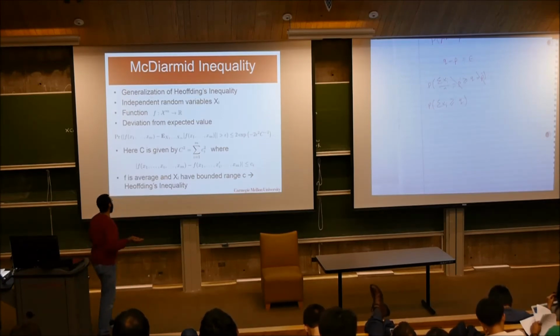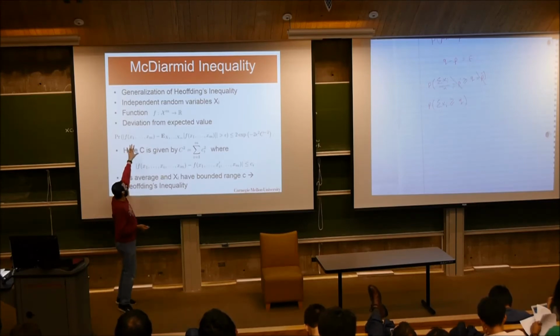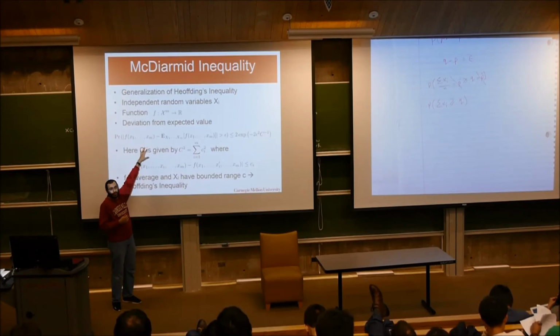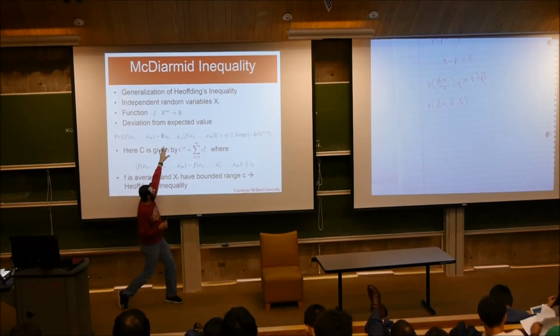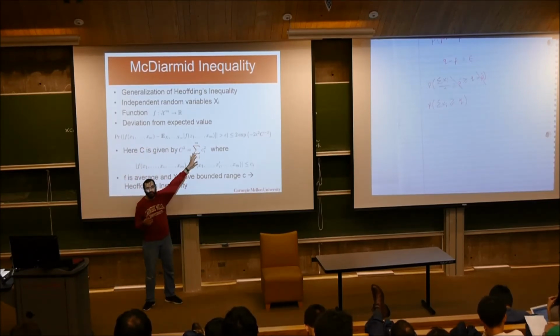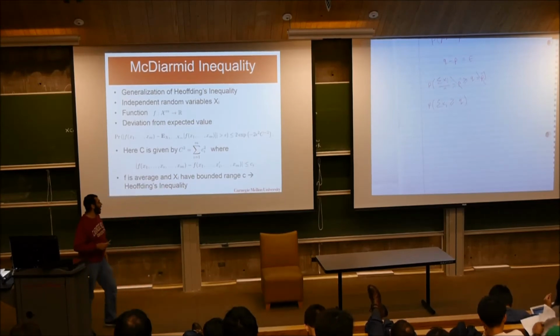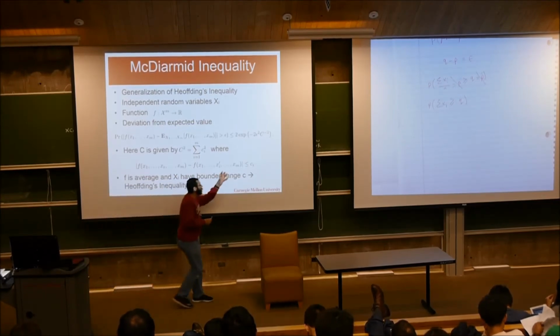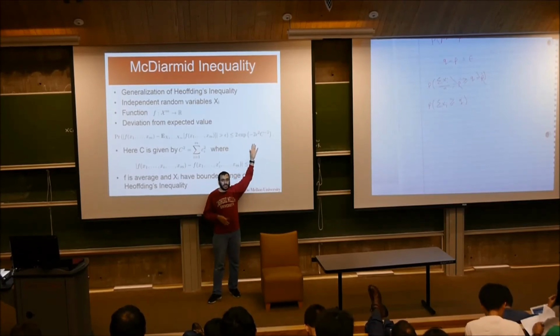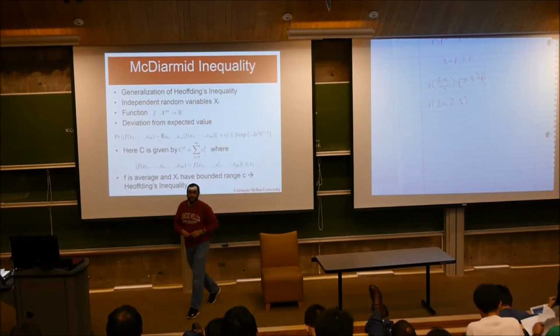Here, this is a generalization where we are computing just an arbitrary function of the samples, and we are comparing it to the expectation of that function. And what the inequality says is that we get similar behavior. We get exponential decay in epsilon squared.